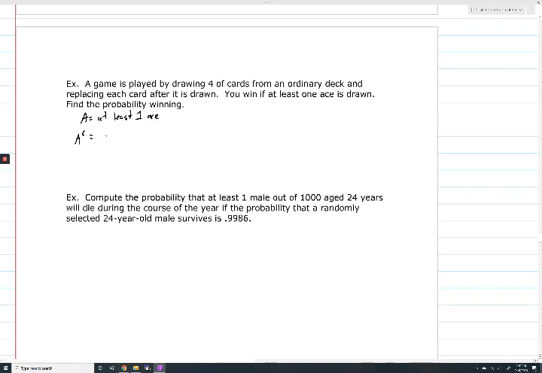That means our complement is no aces. Again, it's easy to find no aces. So the probability of A complement, what's the probability of getting not an ace?